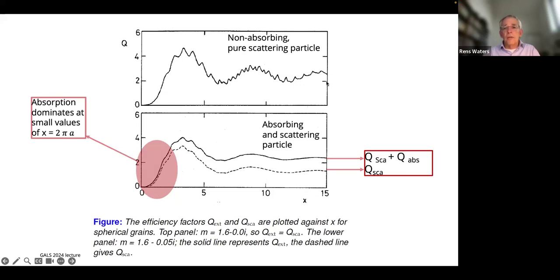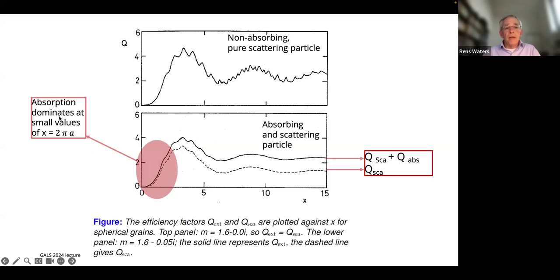And in the end, this value of x actually reaches an asymptotic value of about 2. And here's another example where there is actually a small imaginary part of the complex refractive index.